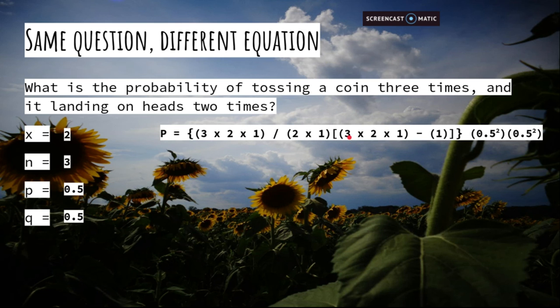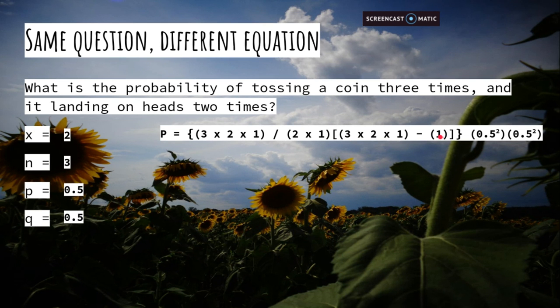And then we have, once again, n factorial minus x factorial, or sorry, it was just x, never mind. And then we do squared because it was to the nth power.